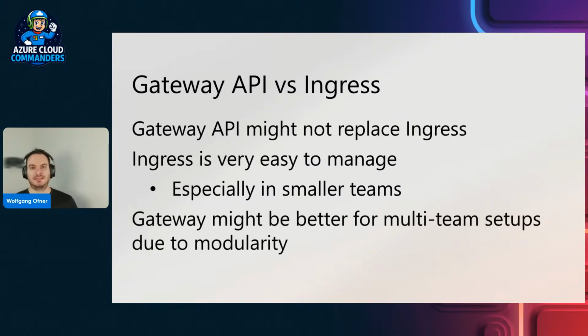If you have a large cluster and you have different teams, especially if you have a split between operations and development, then the Gateway API might be very useful for you, because thanks to the modularity, I can have a real separation of concerns. I can have my objects in different namespaces, and so it's clear who matches what.